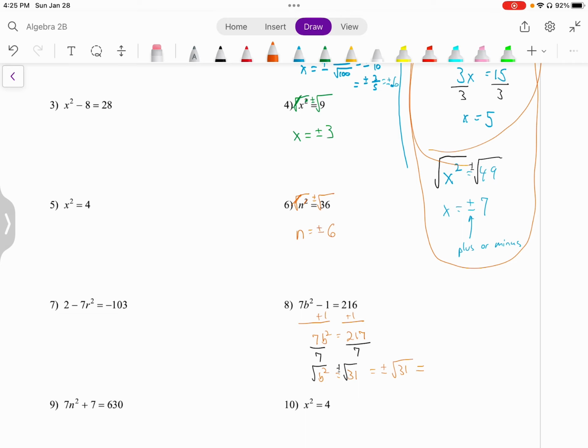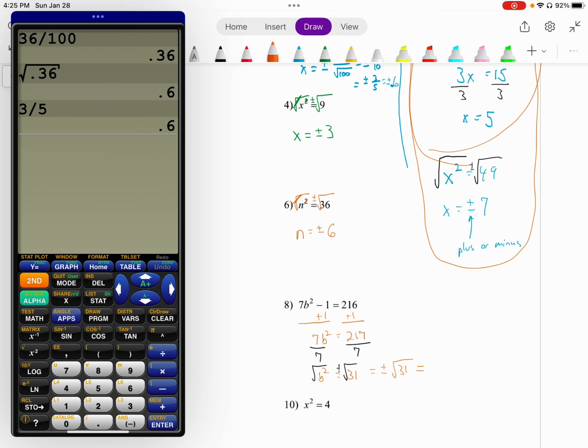But we haven't talked about how to simplify radicals yet, so we can go ahead and bring out our calculator again, and we can do the square root of 31. And we'll go, that's about 5.58. Sorry, 5.57. Looking at the wrong thing there. So about 5.57.